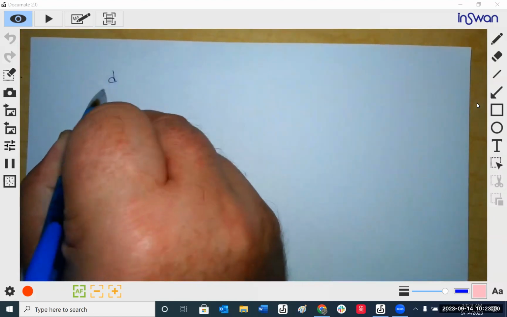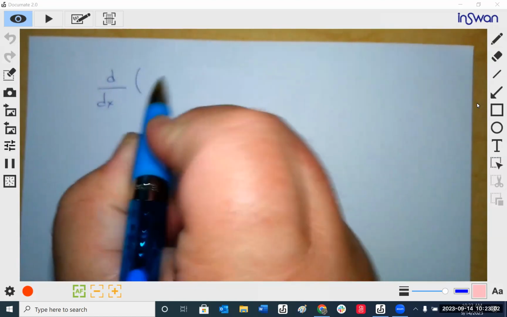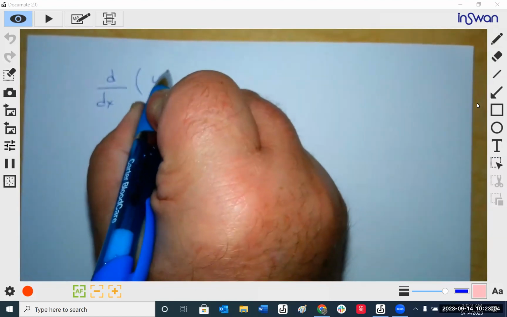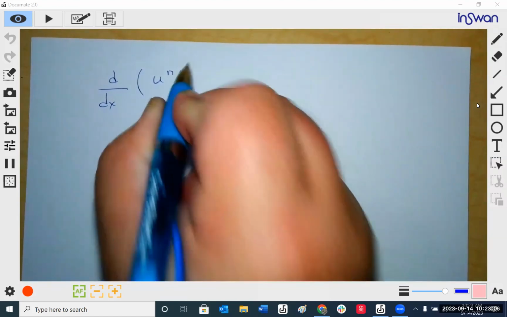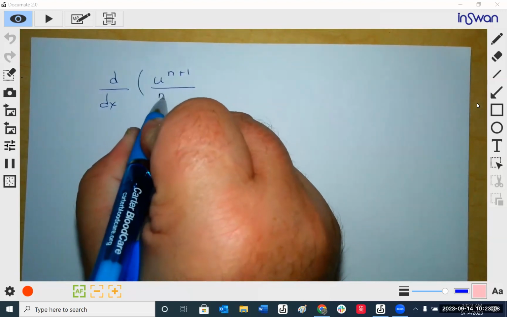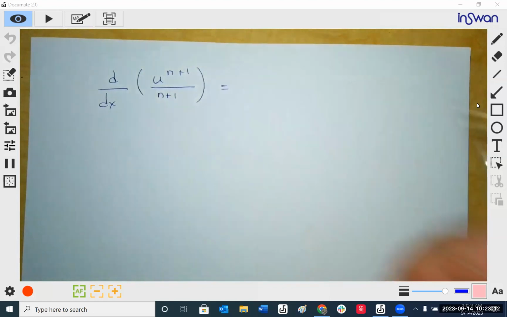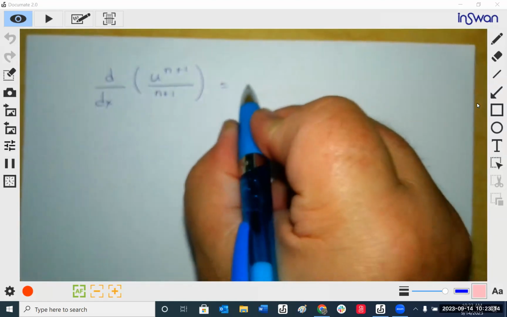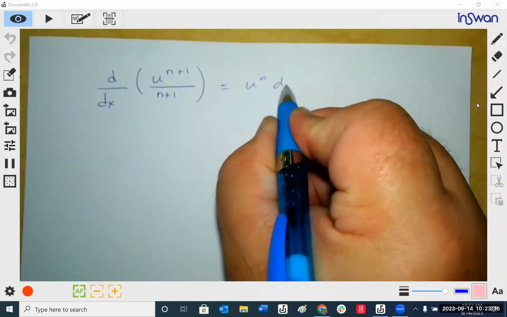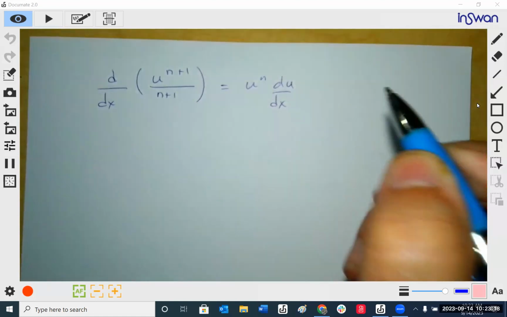So for our original function, we have u to the n plus 1 over n plus 1. That equals u to the power n times du dx.